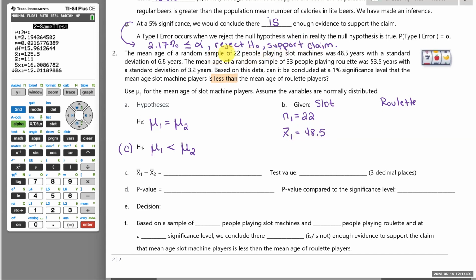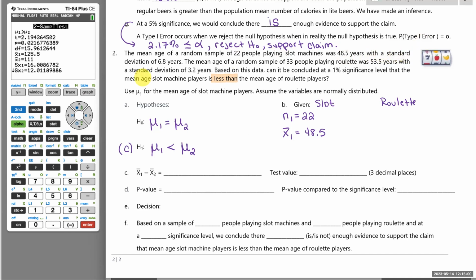And then when it says for this sample, the mean was 48.5 with a standard deviation of 6.8, that standard deviation is referring to the standard deviation for that sample of 22 people. I know it doesn't say sample standard deviation in front of it, but that sentence is conveying that fact by saying that the mean was this with that standard deviation.